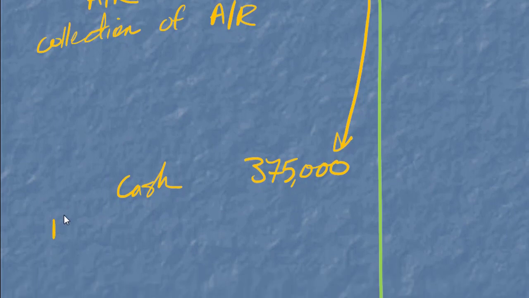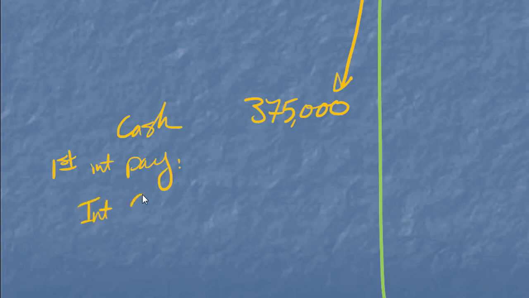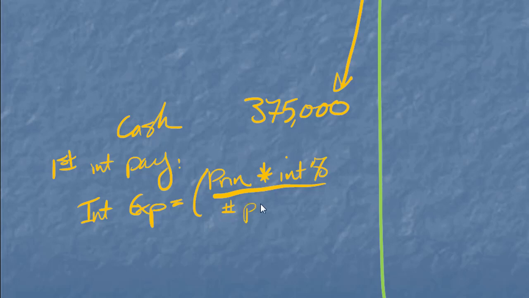So this is going to be Jones' first interest payment, or first payment, and we need to figure out the interest expense. So let's see. The equation for that, we take the principal times the interest rate, and we divide by the number of payments per year.